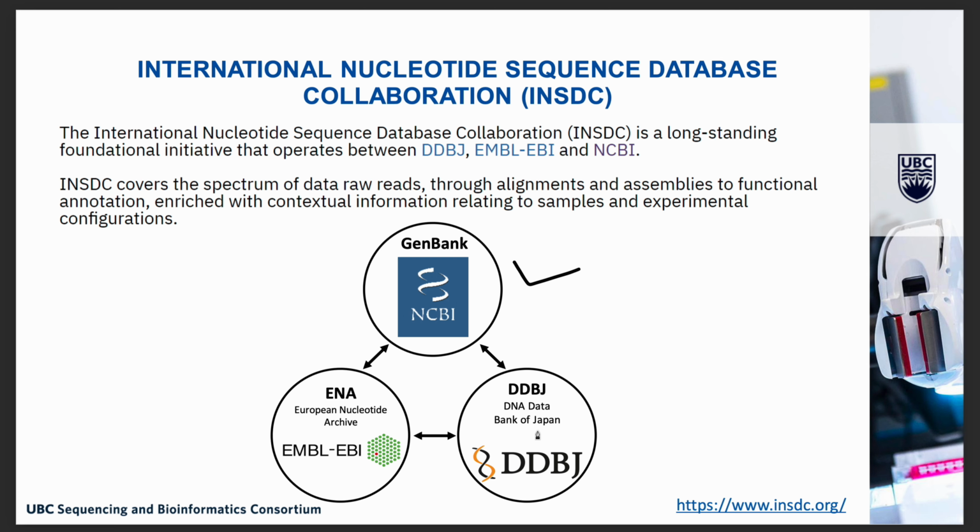This is the collaboration between DDBJ, NCBI, and EBI, which stands for European Nucleotide Archive, ENA. This collaboration covers the spectrum of data from reads through alignments and assemblies to functional annotation, enriched with contextual information relating to the sample and experimental configurations.